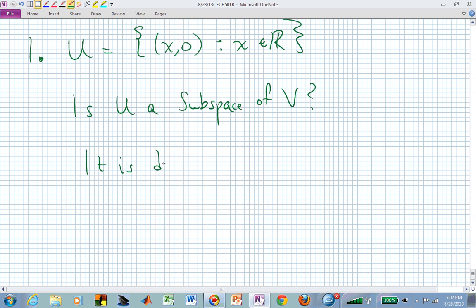It is definitely a subset of V. And now what we want to do is check to see if the additive identity is an element of U. Is it?